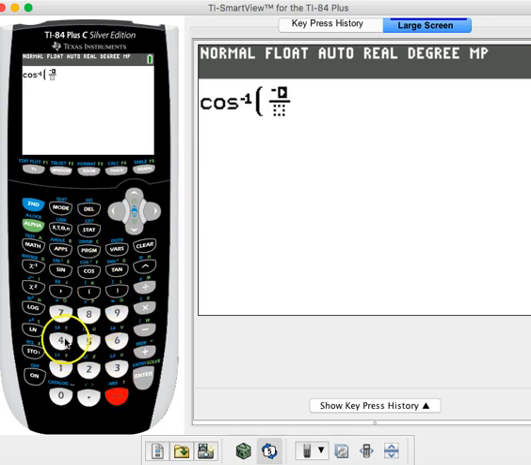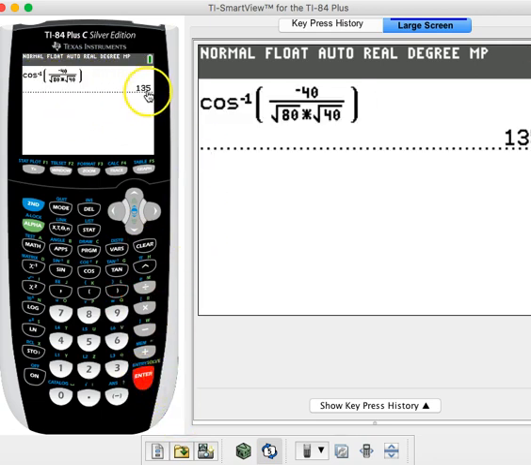So negative 40 was my numerator. My denominator, then, is the square root of 80 times the square root of 40, and then close the parenthesis for my inverse cosine, and that gives me 135.